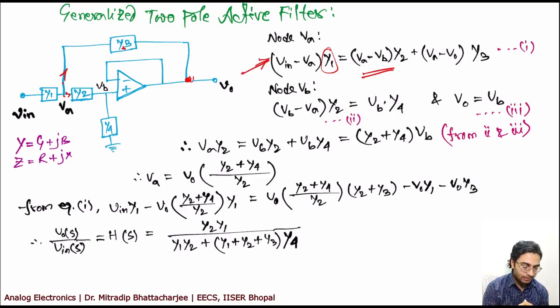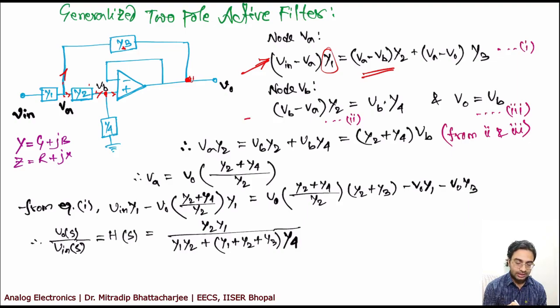Similarly at node B you have another equation, which is, first, this is the current VB minus VA into Y2. This is one current, and there is no current in this direction because current doesn't go inside the op-amp, as I have already described previously. So this current is equal to VB into Y4.